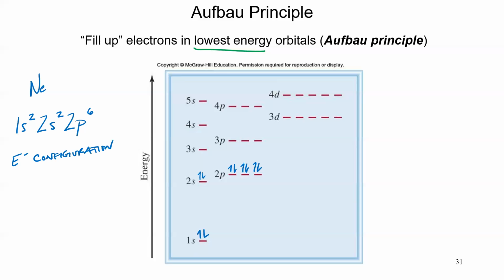Okay. All right, in this example, I chose one where we completely filled up a subshell. Right? So now we're going to talk a little bit about Hund's rule. And Hund's rule tells us what to do when we don't fill up a subshell. Okay?